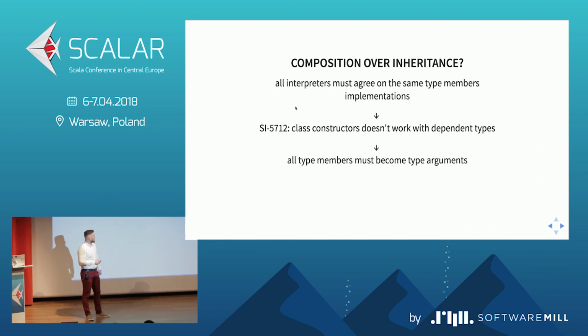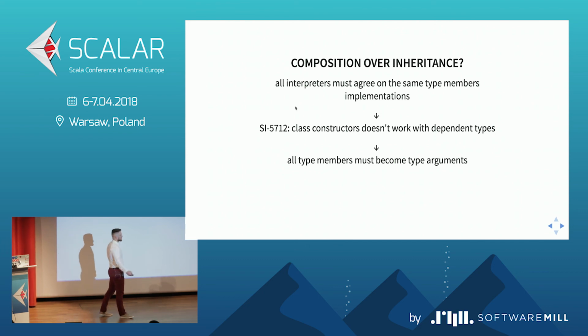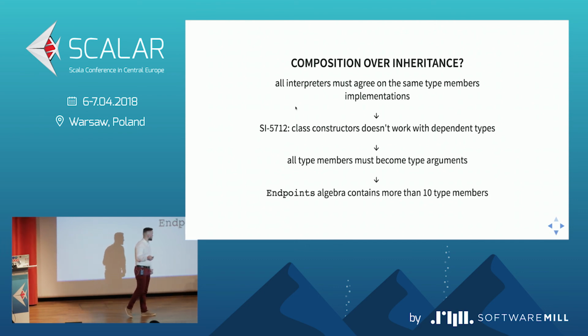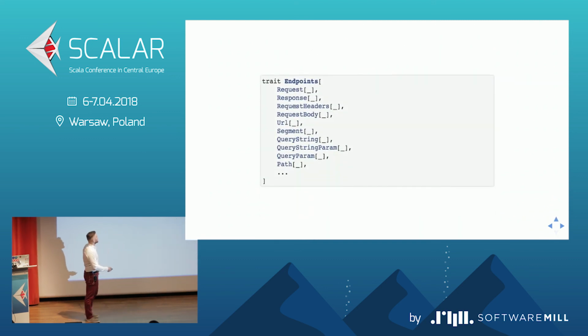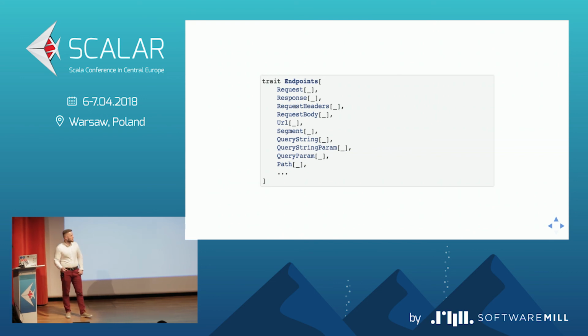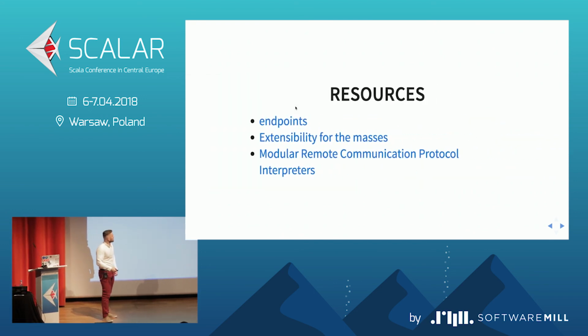And because of that, all type members must become type arguments, and endpoints has more than 10 type members inside. So you will end up with a type like that. And good luck with carrying this everywhere. Yeah, so we are stuck with inheritance for a while.